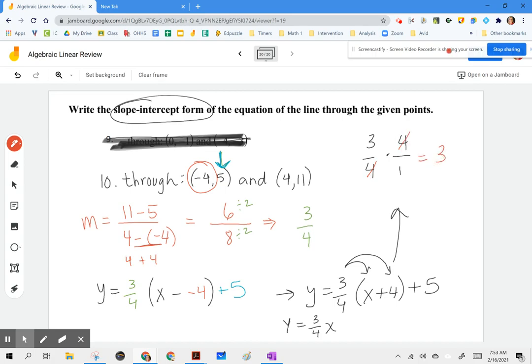So when I do 3/4 times 4, I get +3. And then you can't forget about your +5 at the end. Well, I've got to now combine like terms. So I'm going to write this as y equals 3/4 x plus 8, and then be able to box my final answer.